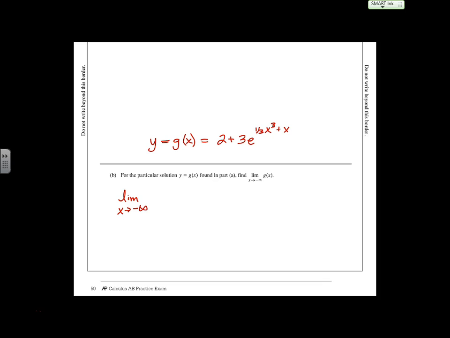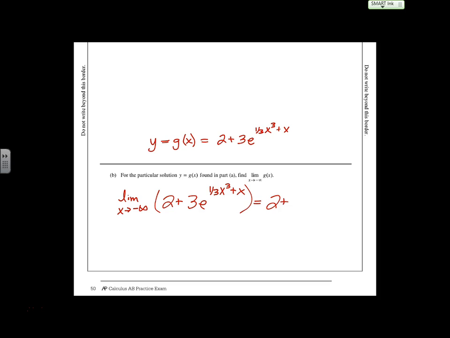Exponential functions work differently as you go to negative infinity versus positive infinity. If I'm taking the limit as I approach negative infinity of 3e to that, first of all, we could say that the limit of 2 is just 2.